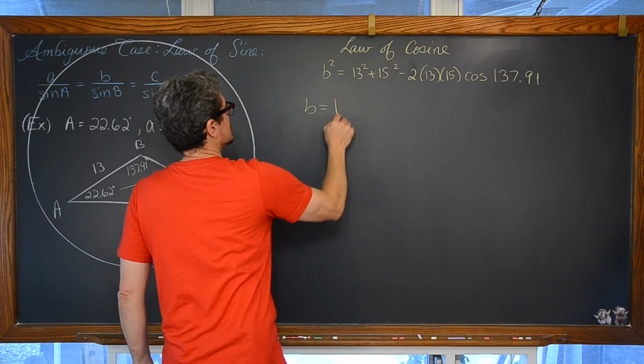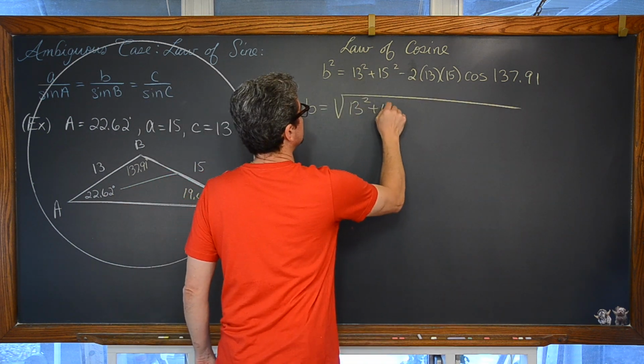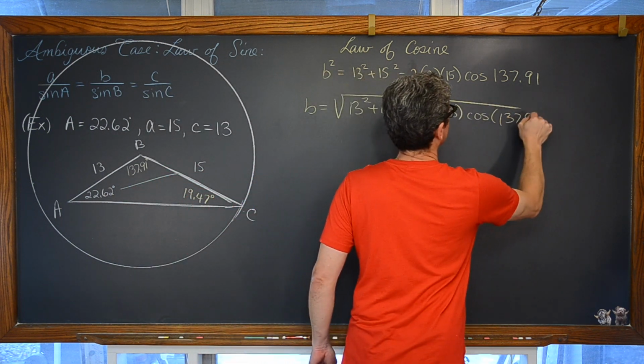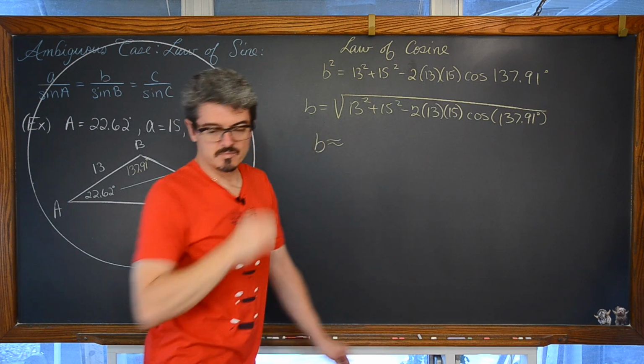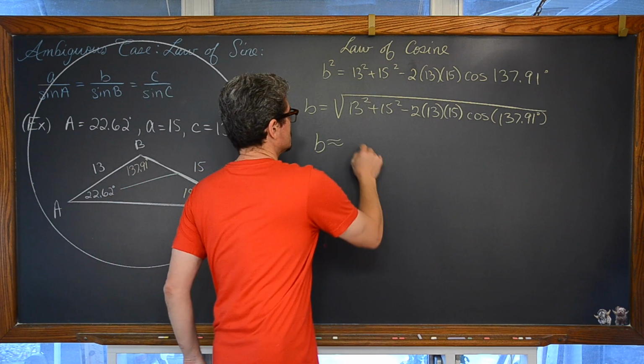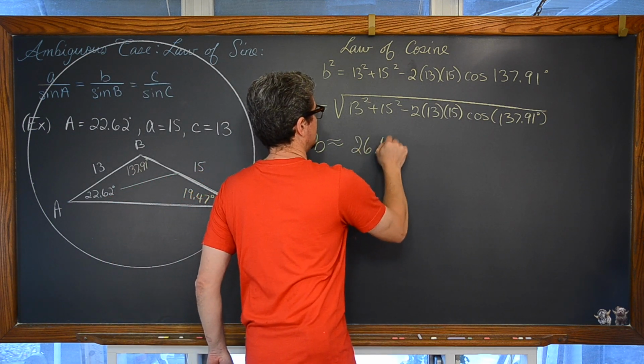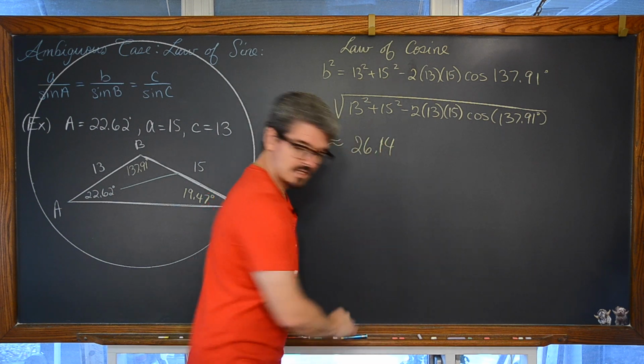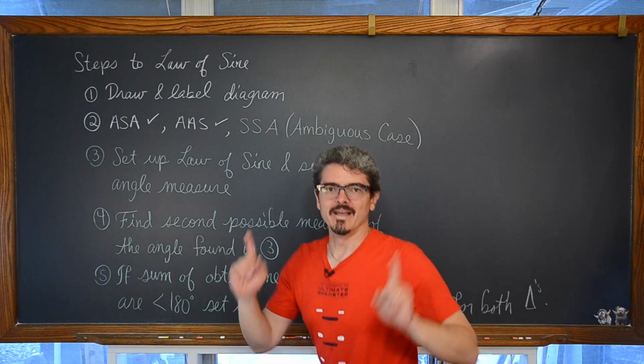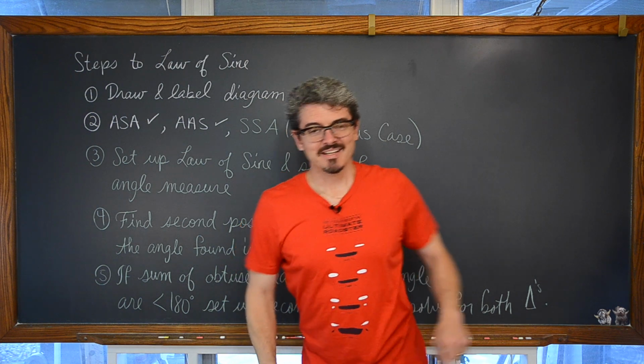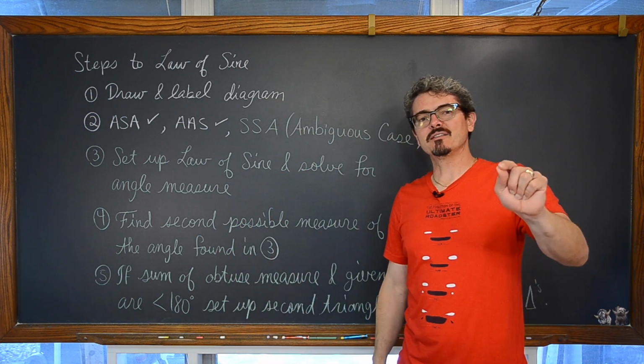B is going to be the square root of all of that. And B is going to be approximately equal to 26.14 units.